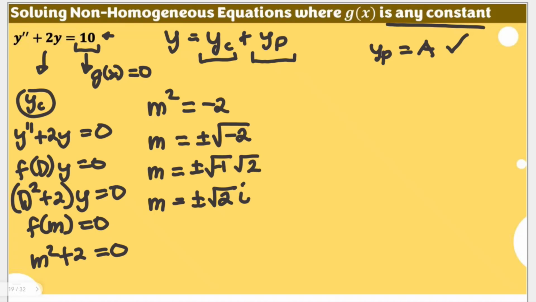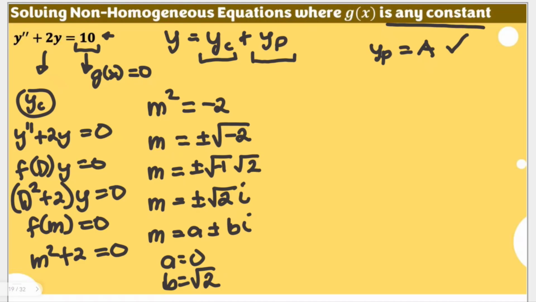Take note, you need to go back to the general solution when we have roots being imaginary. And this is not repeated, we only have this set. So in the form of a plus minus bi, our a here is equal to 0 as we don't have the coefficient here. And our b is equal to square root of 2.